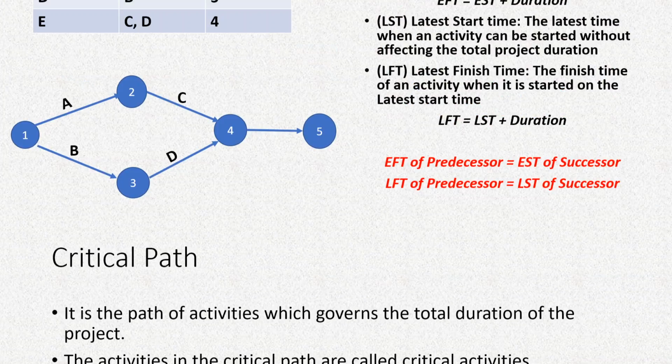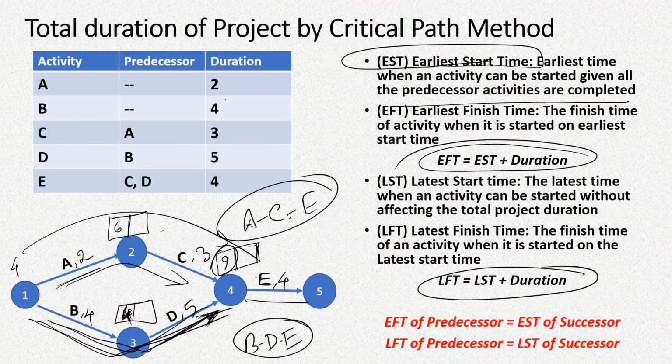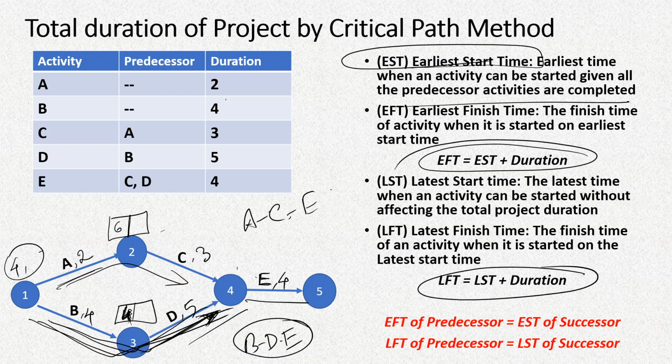In this example, as we have seen, it could be delayed by 4 days without affecting the total duration. So for this particular path, or only for A and C, the drag or float is 4 days. That means it can be delayed by a maximum of 4 days.